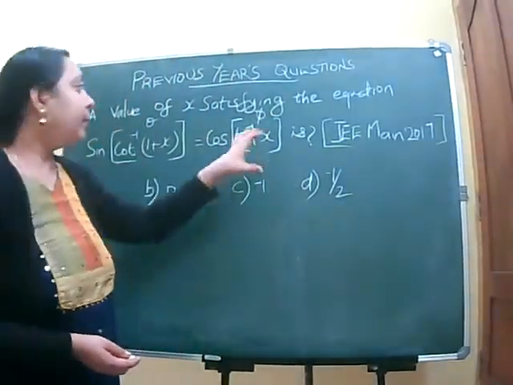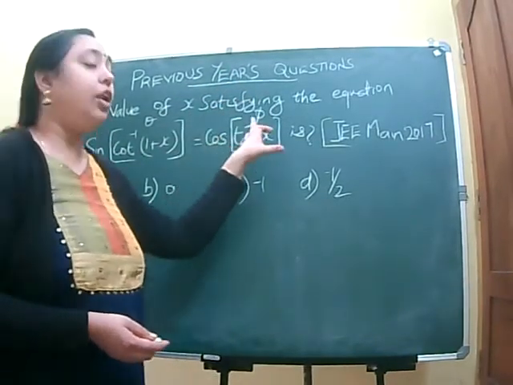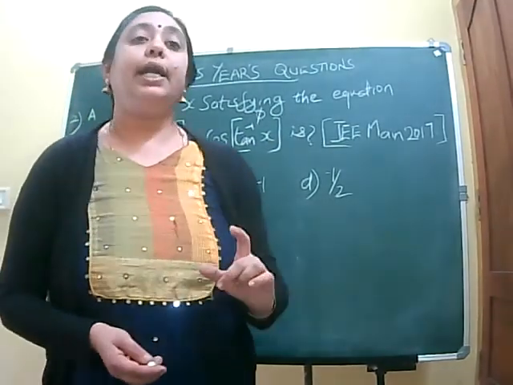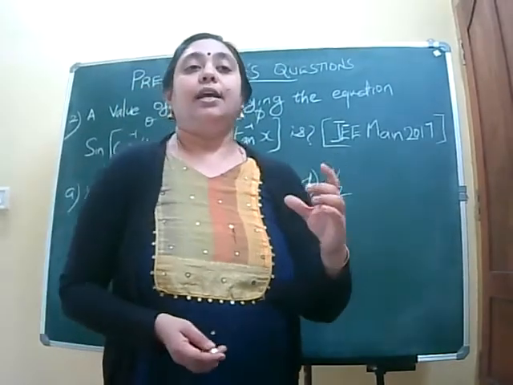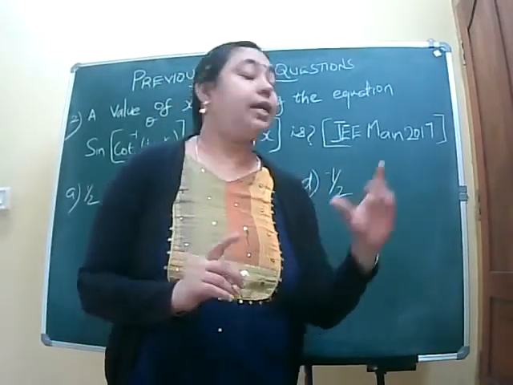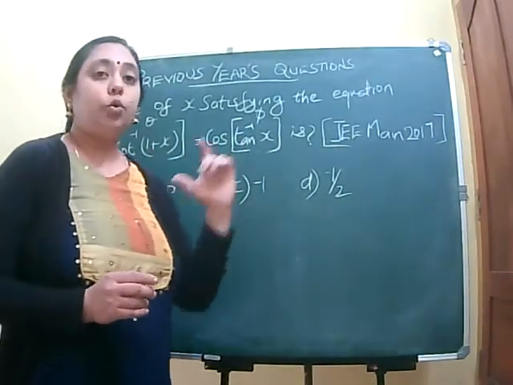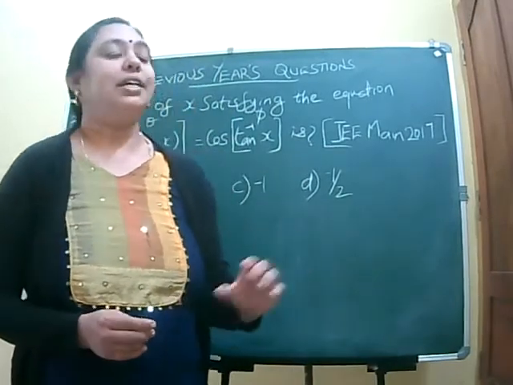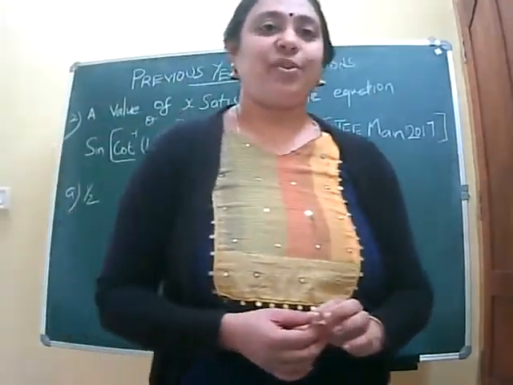Similarly, from the value of tan phi, find out the value of cos phi using a right angle triangle and Pythagoras theorem. Then equate these two expressions. Then we get a quadratic equation, and then just solve that. Then we get the value of x. That is the procedure.